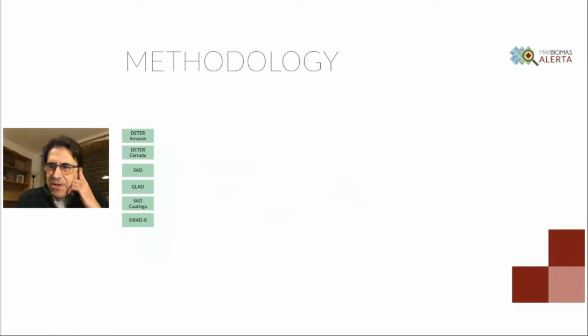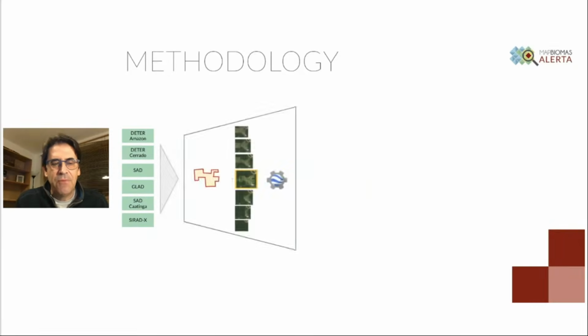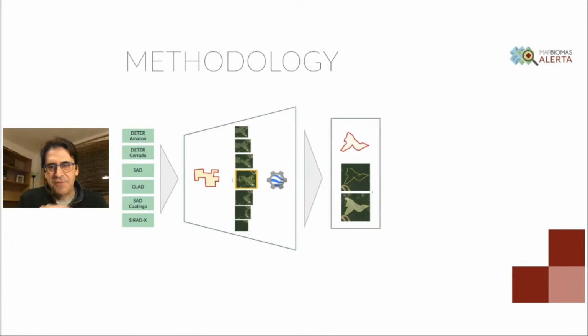So what we are doing in MapBiomas is taking every single deforestation alert that is happening in Brazil, one by one, and we are getting them into a platform with Planet, where we select an image before and after deforestation, going through every single daily image. And then we send this to Earth Engine. And in Earth Engine, we redesign the deforestation based on those high resolution imagery.